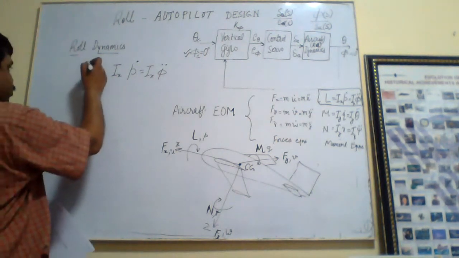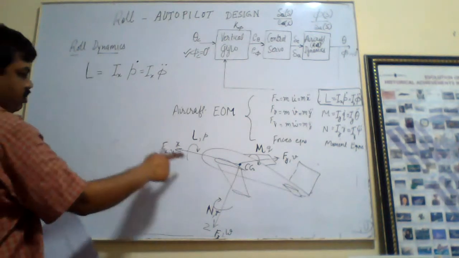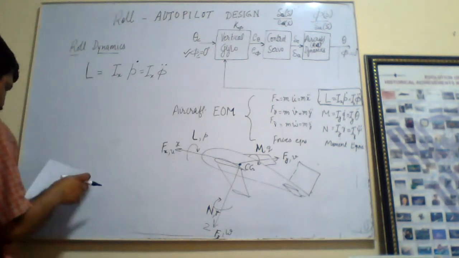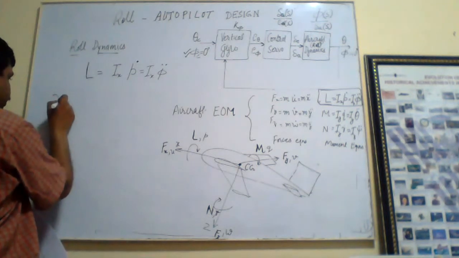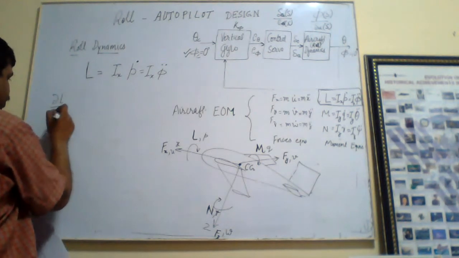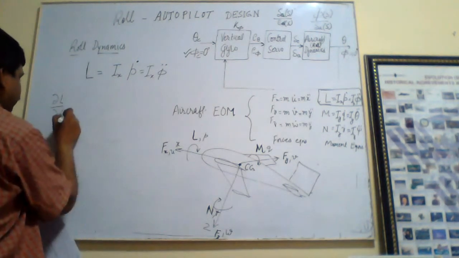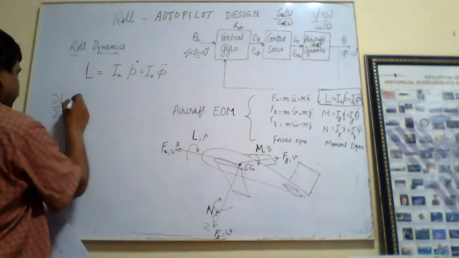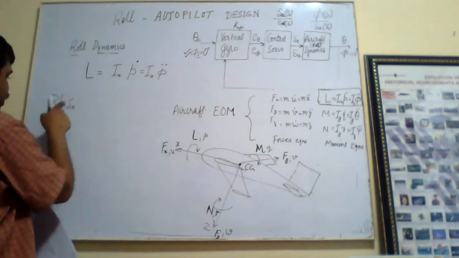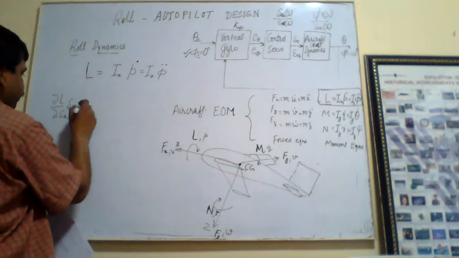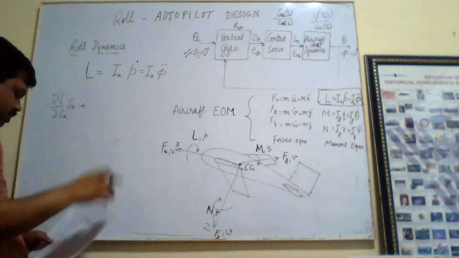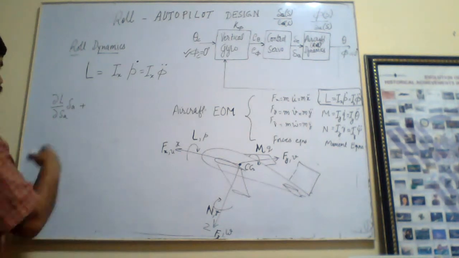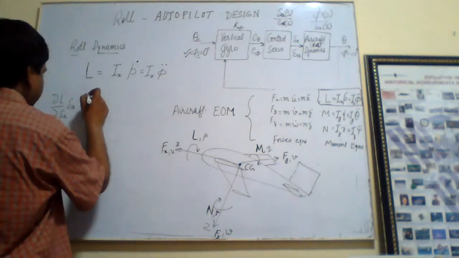Now this rolling moment of the airplane comes from the aileron deflection. So I can break this into del L by del A into del A, plus the rolling moment will also depend on how fast the airplane is rolling.